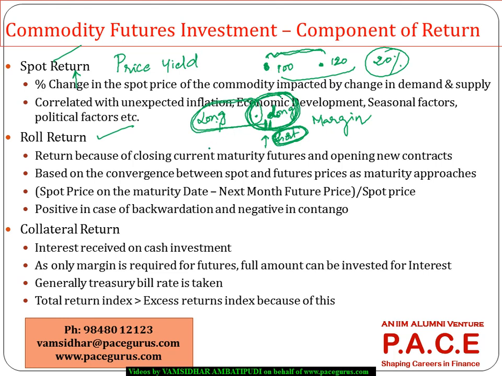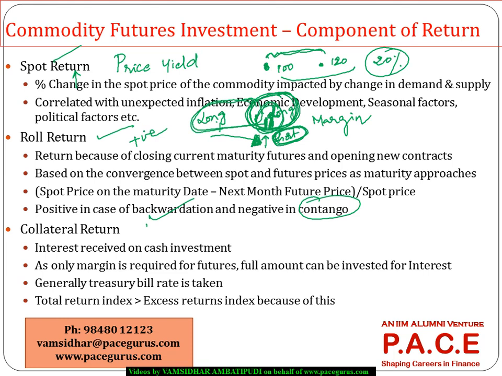So especially when the market is going more and more into a backwardation kind of scenario, here I am able to sell it at a high price but reopen it at a low price. Close the position at a high price, reopen a new position at a low price, meaning there is a return coming. This return is positive when the market is in backwardation, whereas it is negative when the market is in contango.